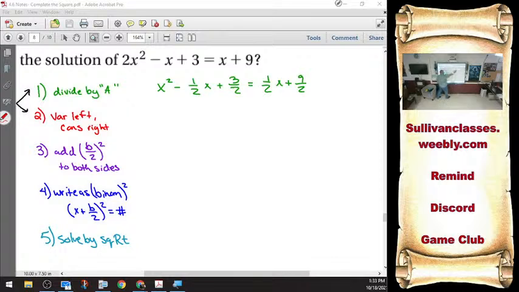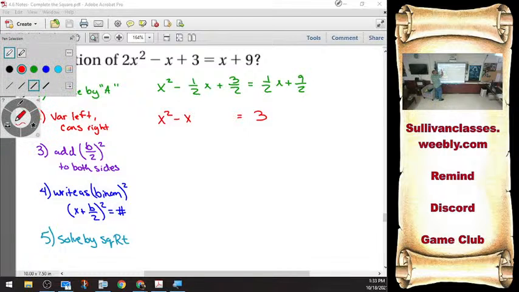And then I would subtract half an x. I would subtract 3 halves, getting 6 halves, which is 3. I still get there, but most kids aren't going to want to deal with fractions if they can avoid it. So I want to show you that you can do it both ways. Steps 1 and 2 are interchangeable. You do which one makes sense for you.